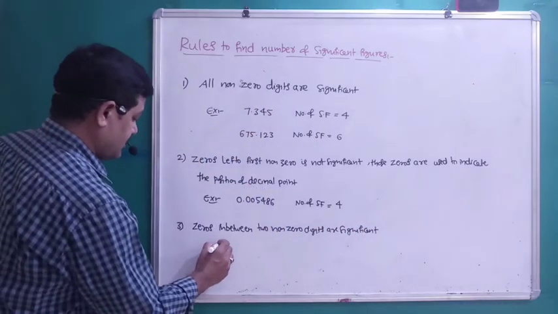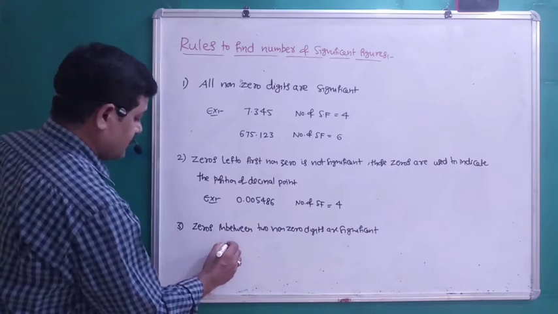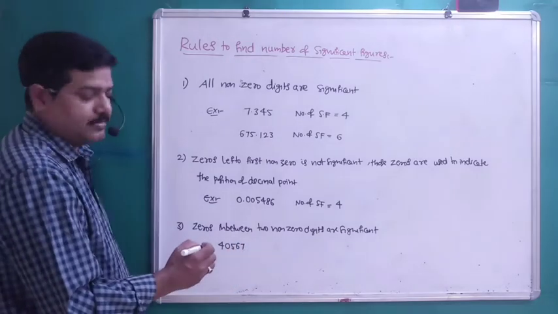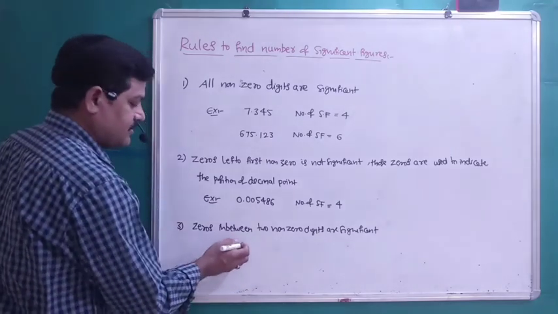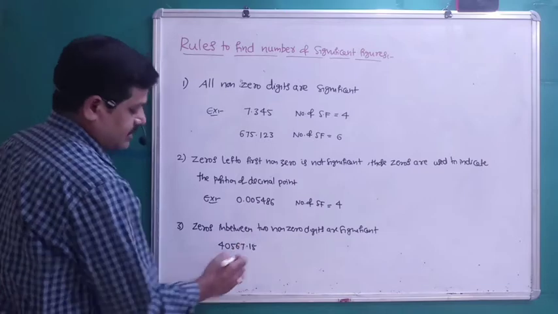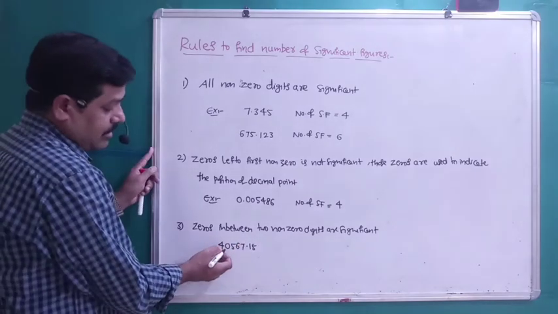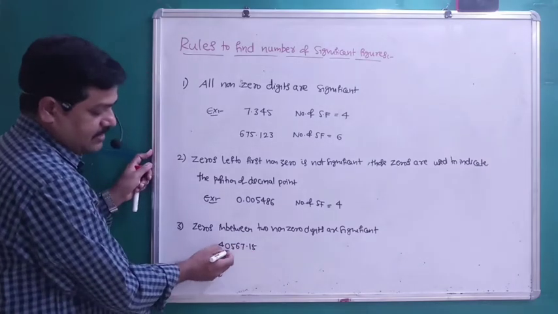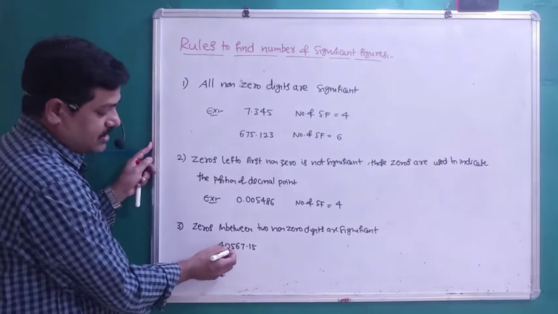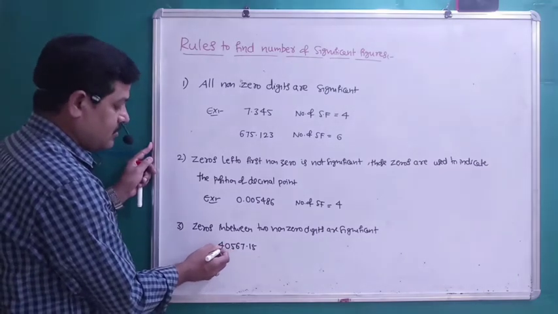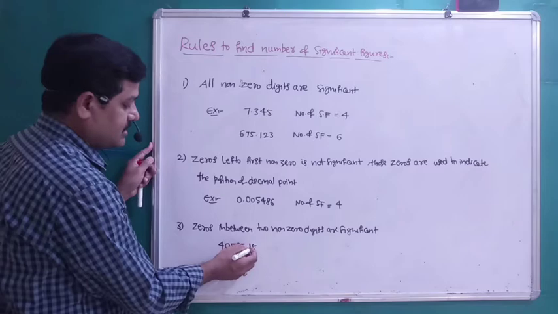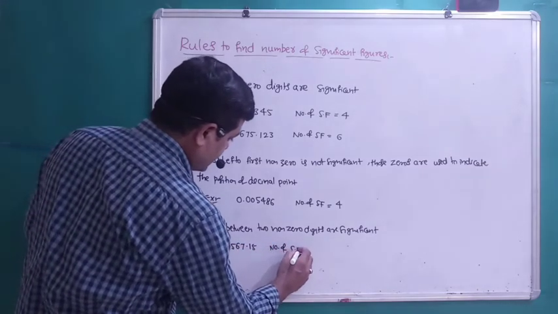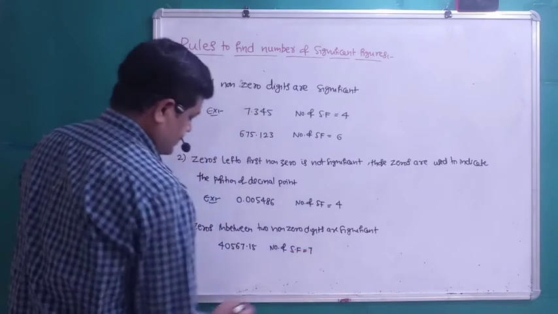For example, if the number given is 40567.15, right? Then all non-zeros are significant, 1, 2, 3, 4, 5, 6, and the 0 in between two non-zeros is also significant. So total 1, 2, 3, 4, 5, 6, 7. The number of significant figures in the given number is 7, right?